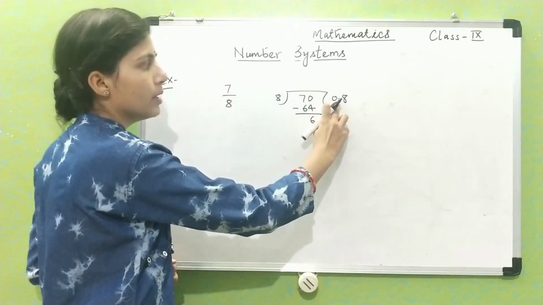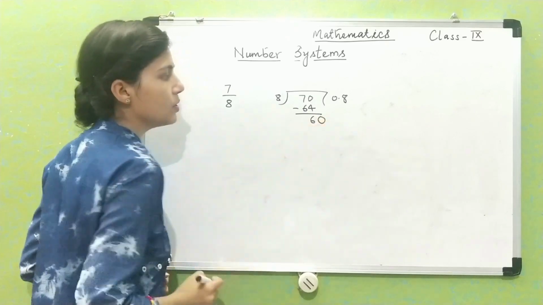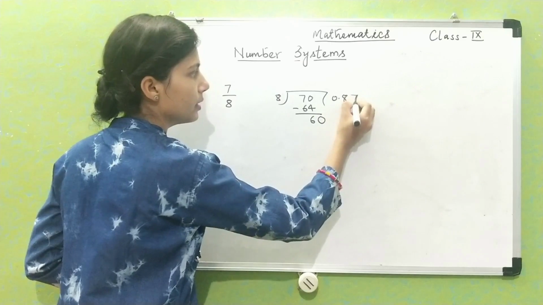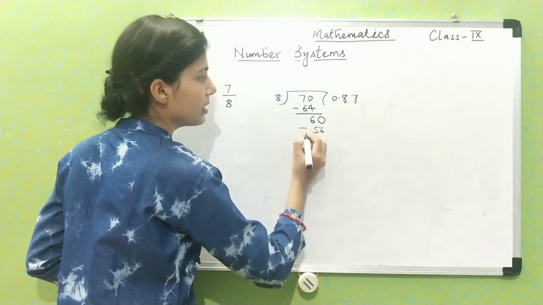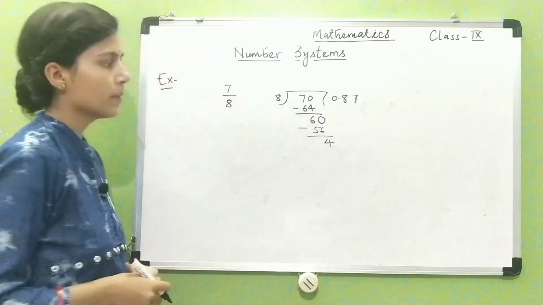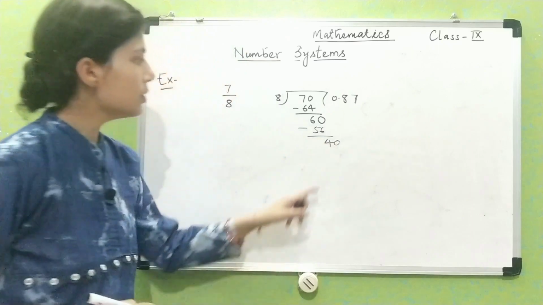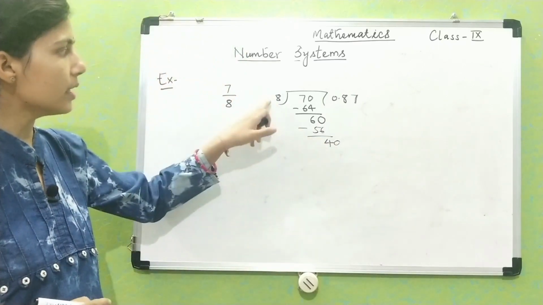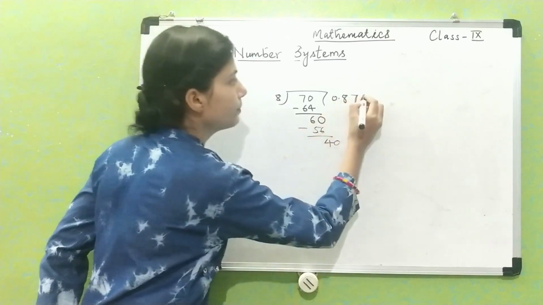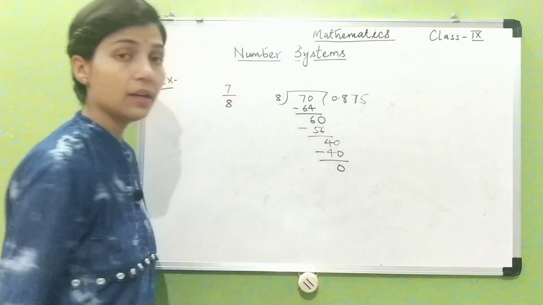Okay, the decimal point we have already put, so we can take here 0. 8 7s are 56, that is less than 60, so the remainder will be 4. Now the decimal is already taken, so we can put a 0 here because 4 is less than 8. 8 5s are 40. 40 minus 40, the remainder is here 0.